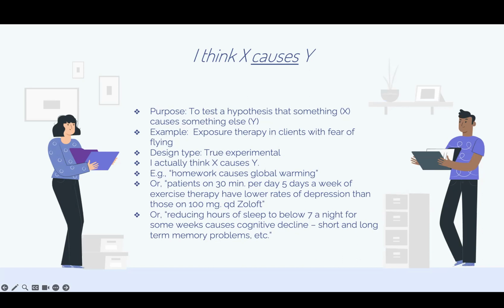Another example could be the exploration of the effects of sleep deprivation, hypothesizing that reducing hours of sleep to below 7 hours a night for some weeks causes cognitive decline, including both short and long-term memory problems. So in each of these cases, the research design must meticulously control for confounding variables and ensure the relationship between X and Y is not spurious, but indeed causal.